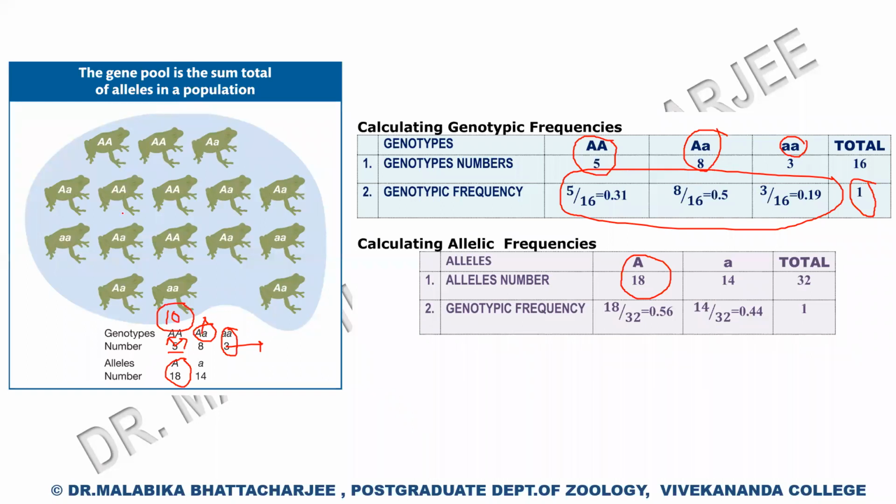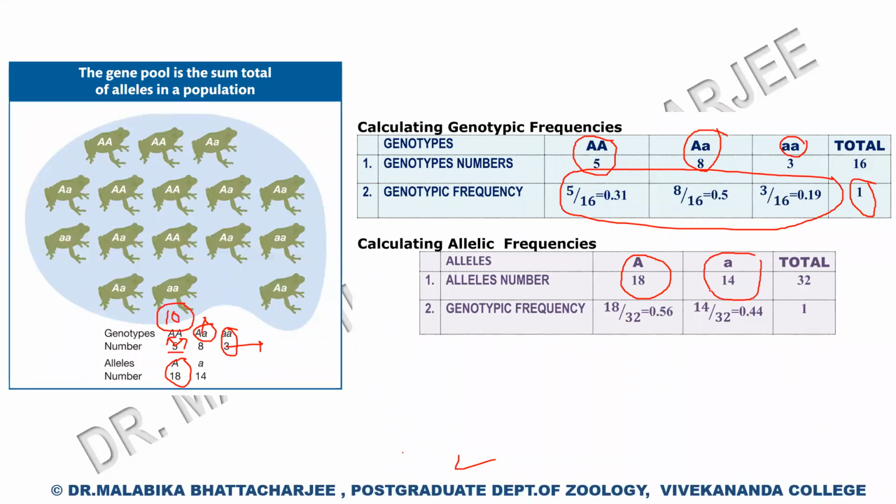And there were 8 heterozygotes, each contributing 1 small a allele. So we get 8 small a alleles from the heterozygotes. So if we add the values, 8 small a alleles from the heterozygotes plus 6 small a alleles from the homozygotes, we get a total of 14 alleles.